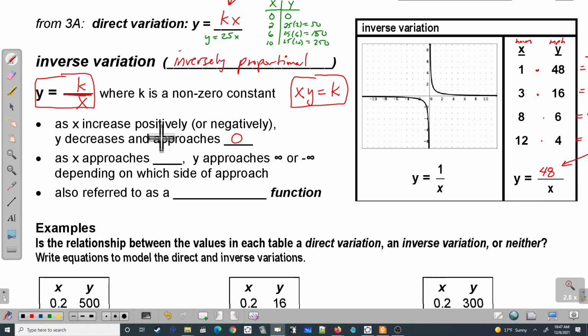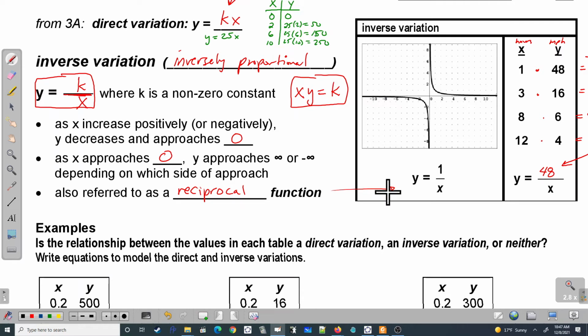And as x approaches 0, y is going to approach infinity. So essentially, as one goes up, the other one's going closer and closer to 0. This is why it's also known as the reciprocal function. And that was one of the parent functions. In fact, that's the reciprocal function right there.